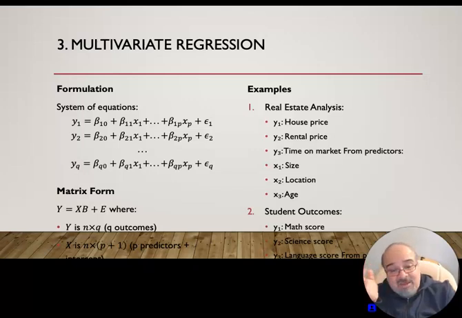Now, this is not the same as running separate regressions. I think that's an important delineation to make. And the error terms are also correlated across the equations. And you can test hypotheses about effects on multiple outcomes simultaneously with this.